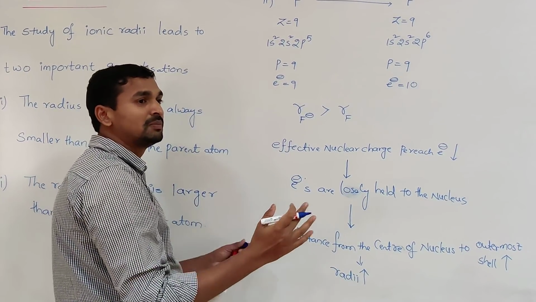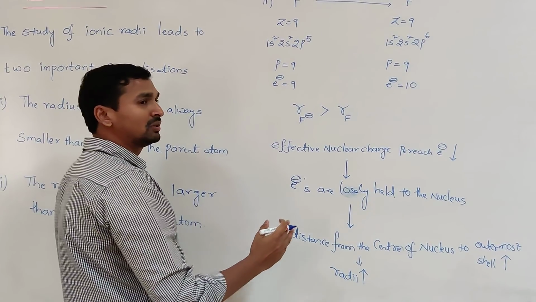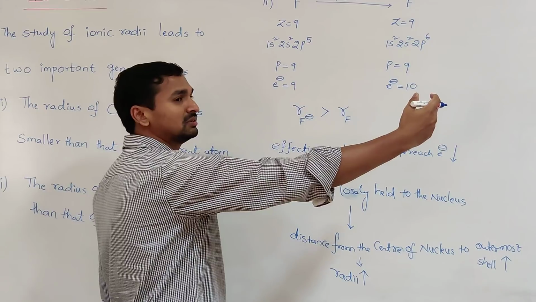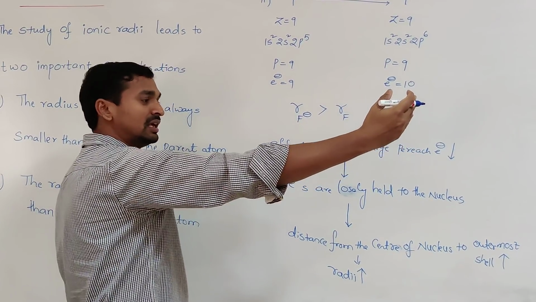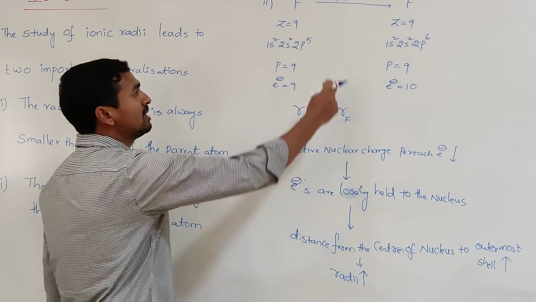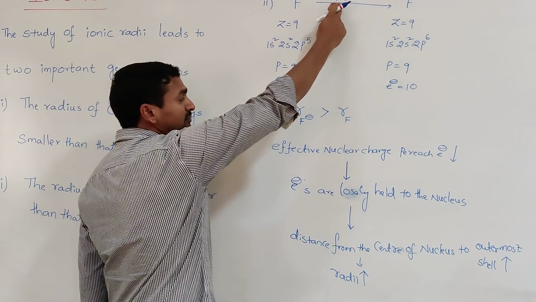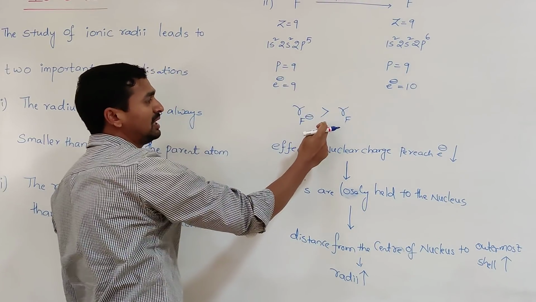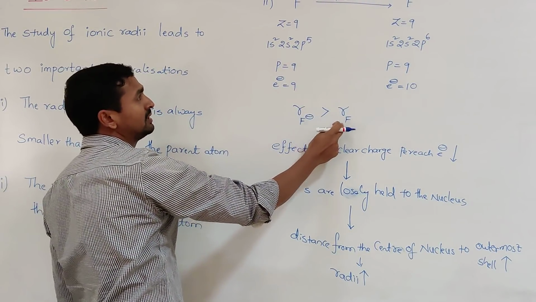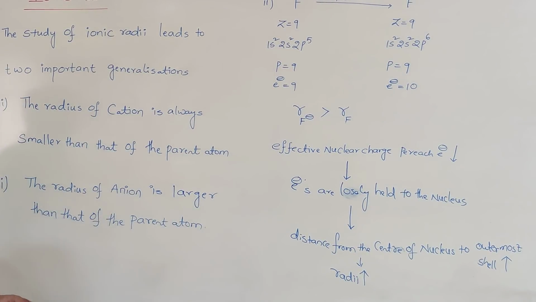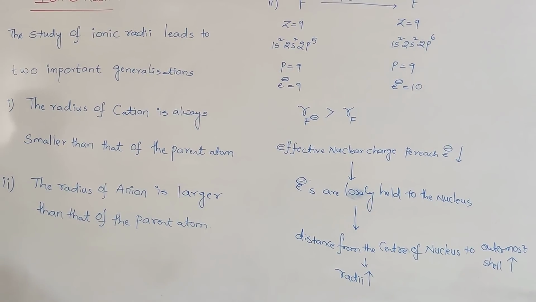That means they are loosely bound, which clearly indicates the distance from the center of the nucleus to the outermost shell increases, so the radius increases. That means by gaining an electron, the anion formed always has a greater atomic radius than its parent atom.